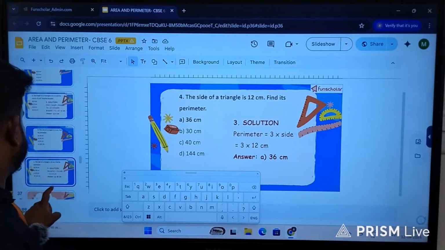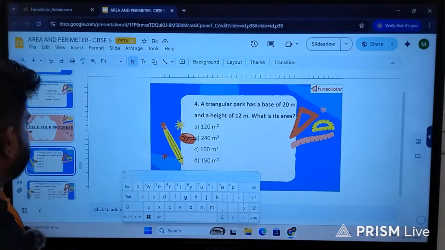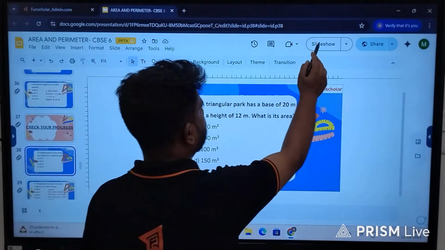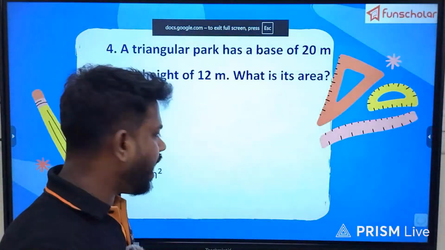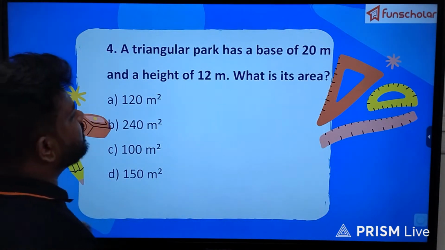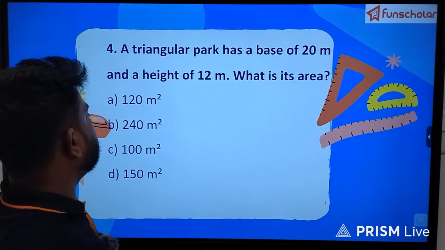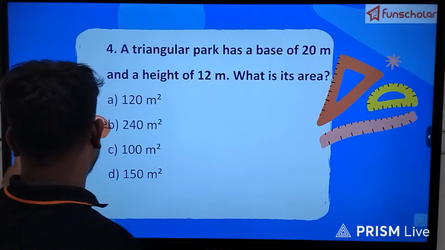Let's go further. Now we will go for some higher level questions. A triangular park has a base of 20 meter and height of 12 meter. What is its area? Okay.